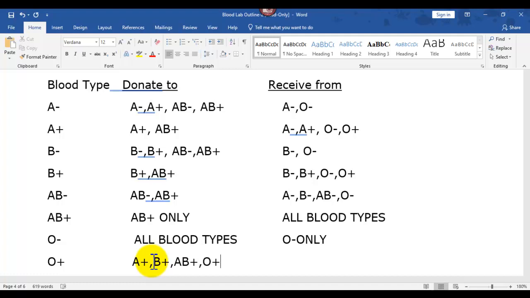If you're O positive, you're not a true universal donor. You can donate to all blood groups, but they all have to be positive. And if you're in an accident, who can you receive from? O negative, O positive.